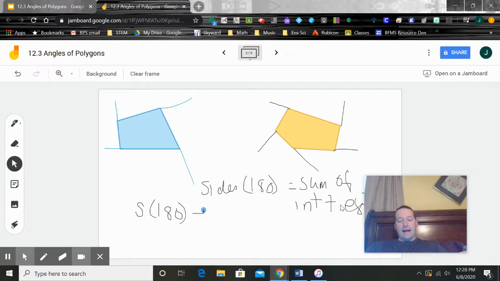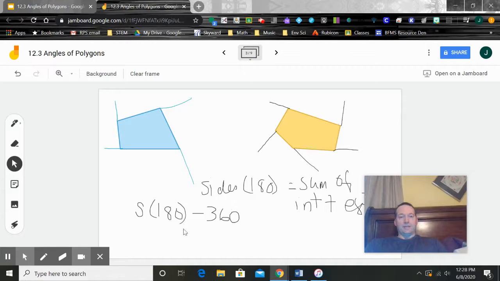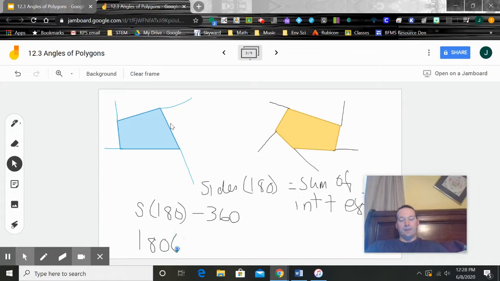So we need to subtract 360 from that sum. Well, let's just use the distributive property for a second, like we did earlier this year. Is there something common to this and to this? Yes, it is 180. I can factor a 180 out of here and out of here. So if I take the 180 out of there, 180 times what gives me 180s? Well, that would just be s.